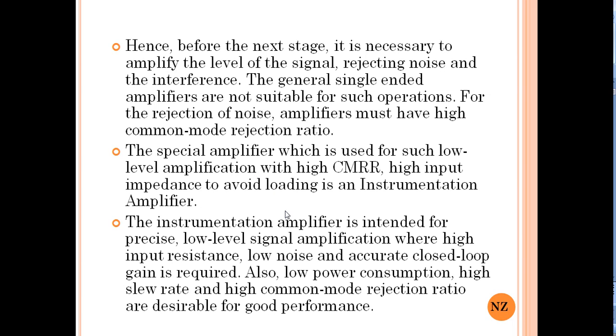So we now know that the instrumentation amplifier is intended for precise low level signal amplification where input resistance should be high, it should offer low noise and also give accurate closed loop gain. Also low power consumption and high slew rate with high common mode rejection ratio are always desirable for good performance.